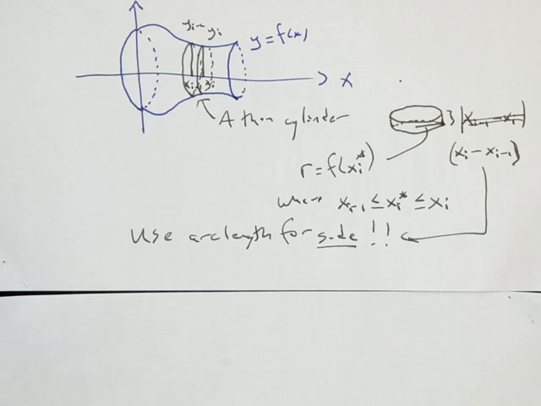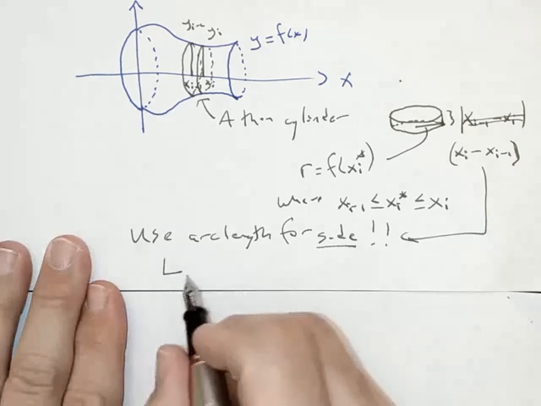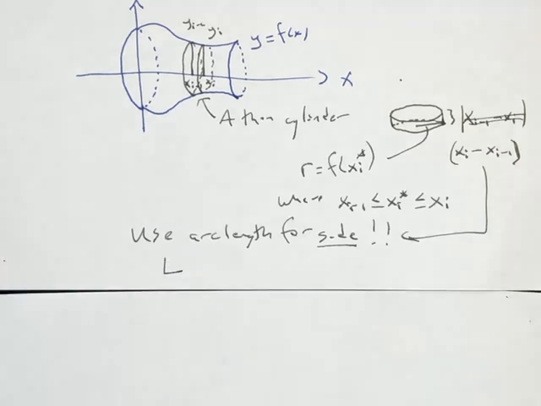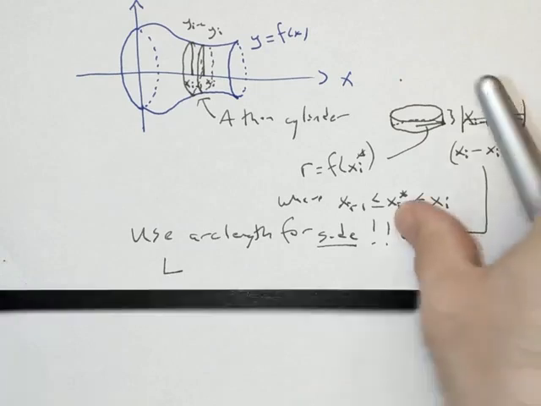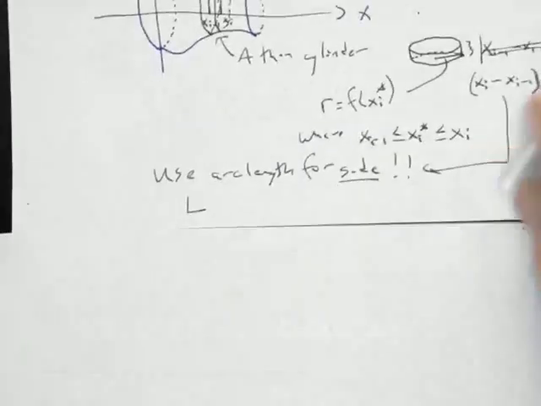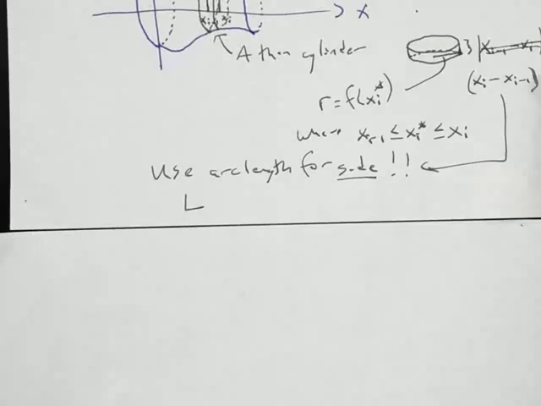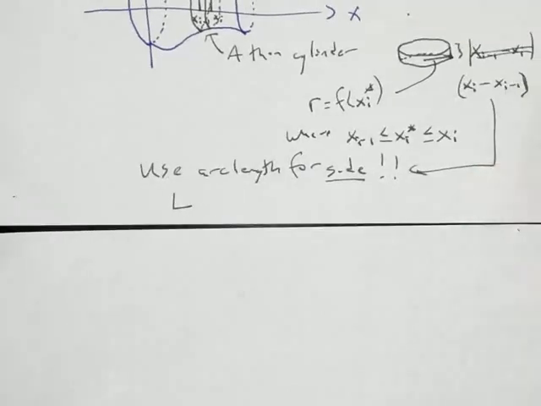What did we say Thursday was the arc length formula? What extra piece did we use to get arc length? I used that big ugly square root thing, didn't I?